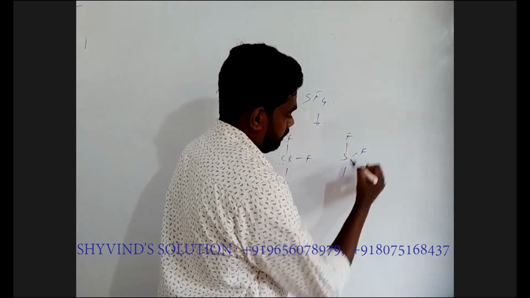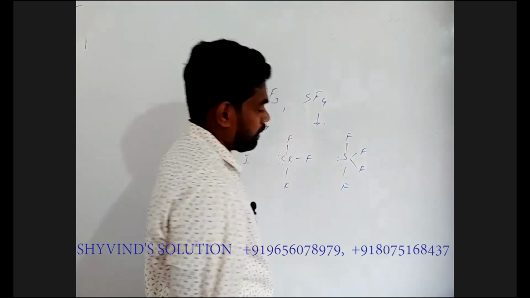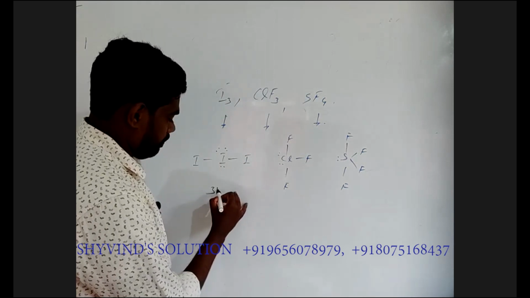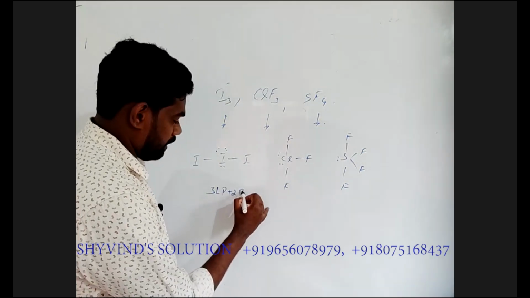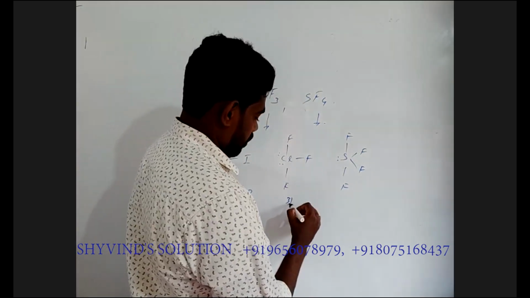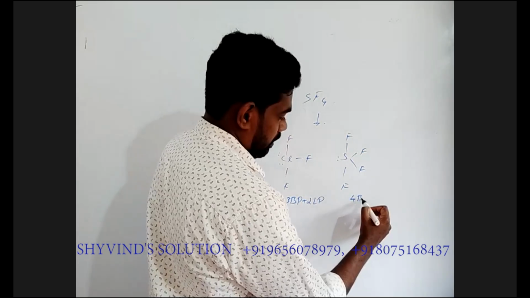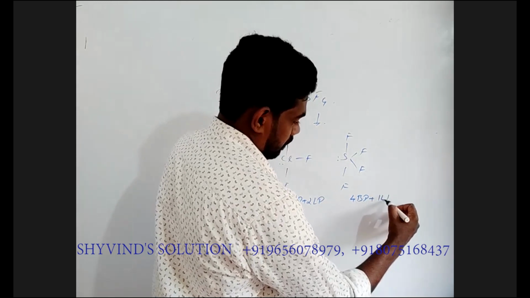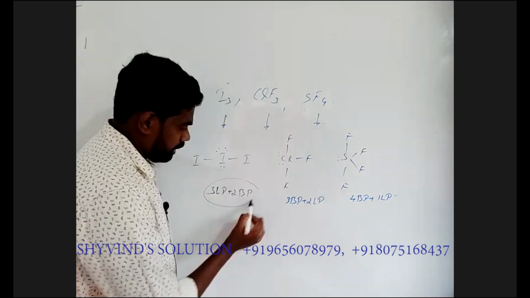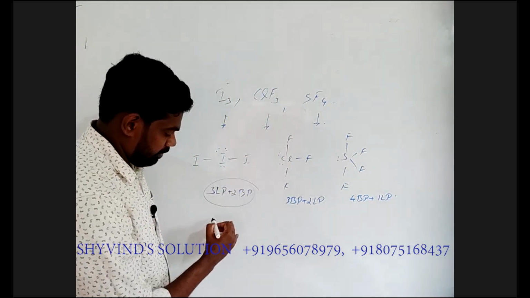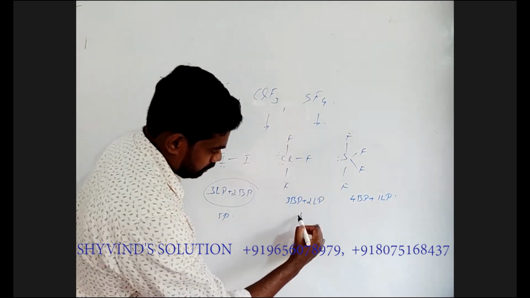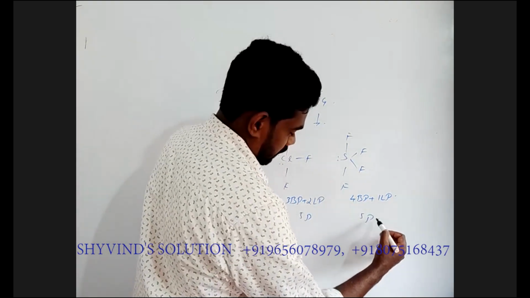So in I3 minus we have 3 lone pairs plus 2 bond pairs, here 3 bond pairs plus 2 lone pairs, and 4 bond pairs plus 1 lone pair. So what about the total number of electron pairs? We have 5 pairs of electrons in each.